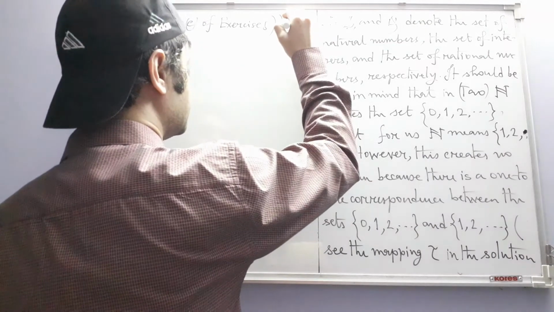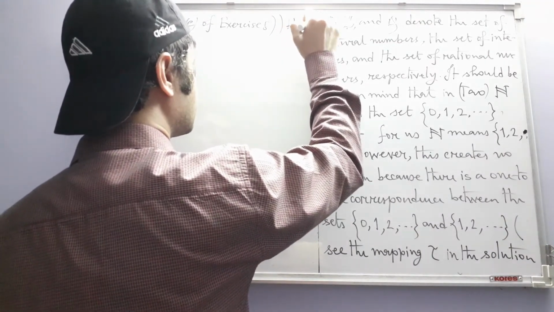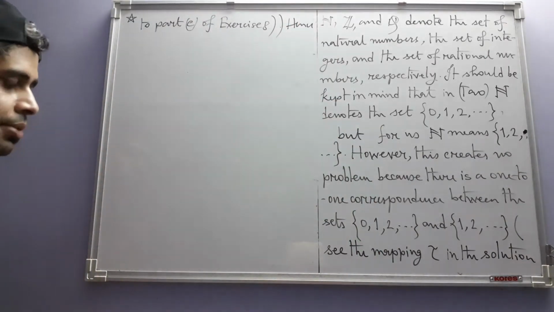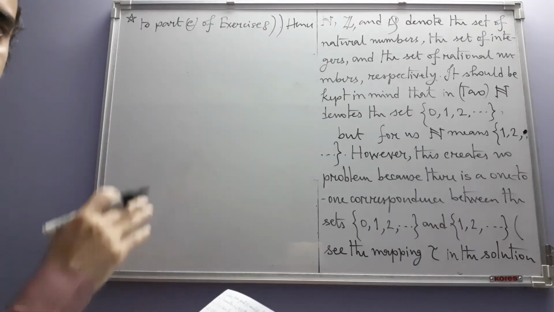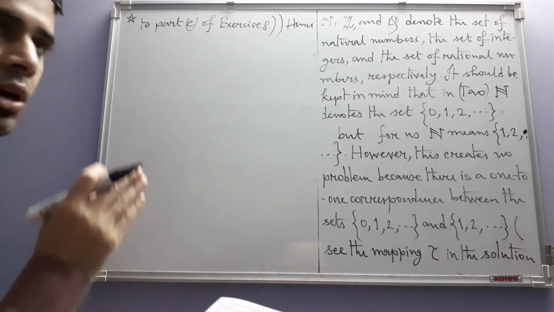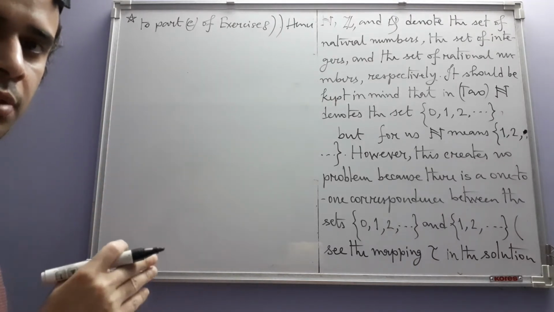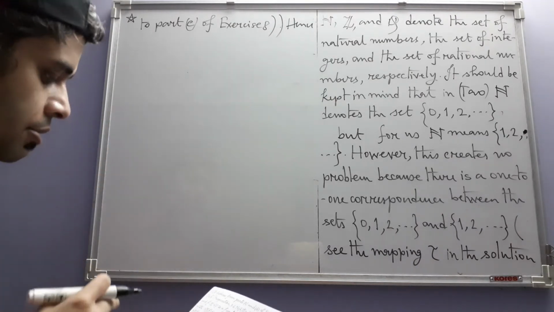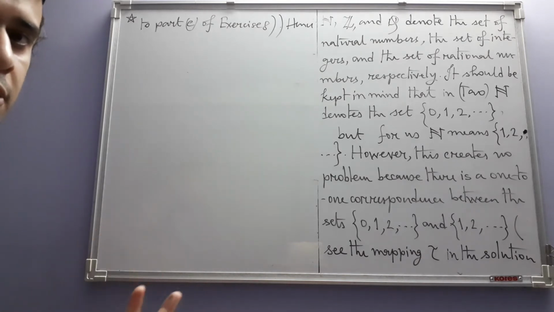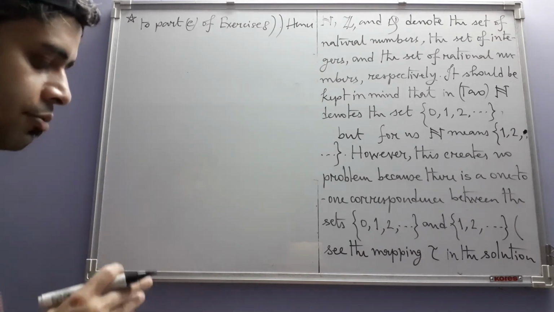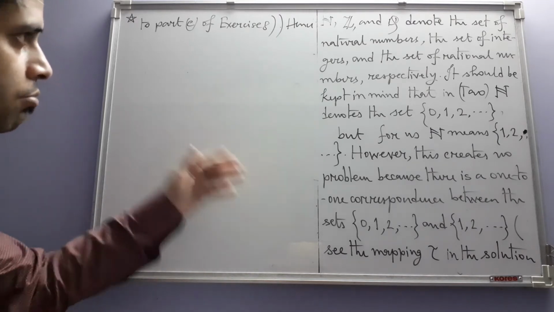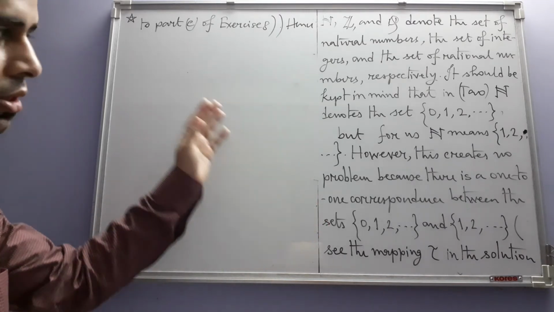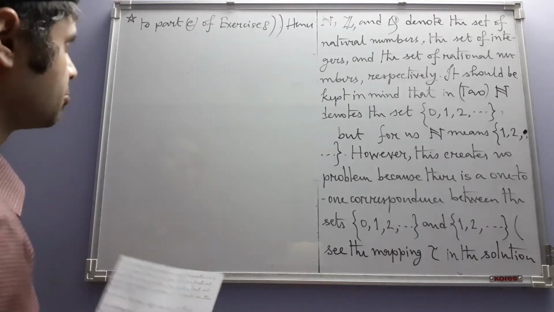Okay, so that's why, hence, so we had one mapping sigma from the set of integers into the set of natural numbers, and one mapping tau from the set of natural numbers into the set of rational numbers. So their composition will give us a mapping from the set of integers into the set of rational numbers, and since both of them are one-to-one correspondences, the composition will also be a one-to-one correspondence.